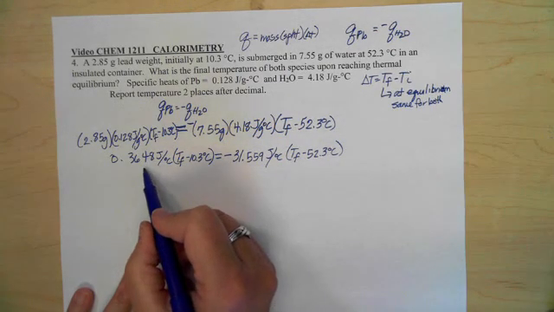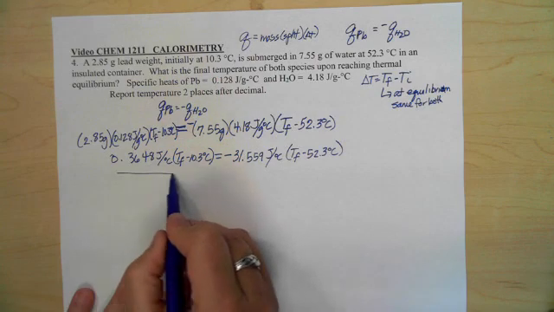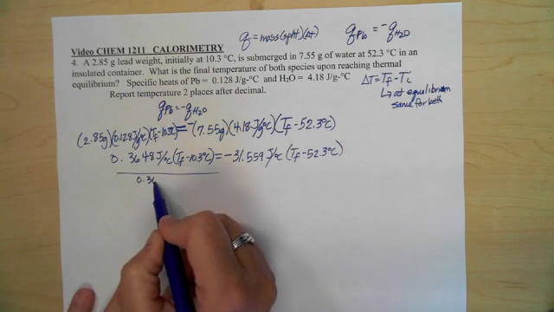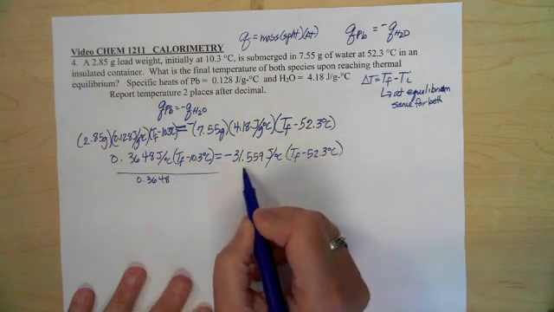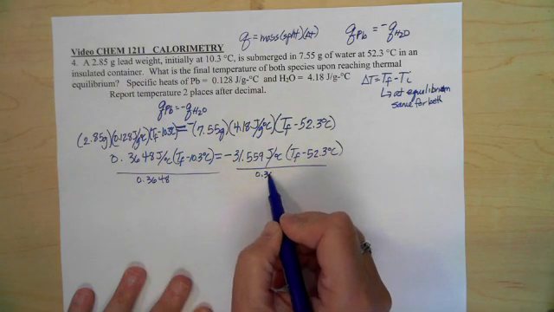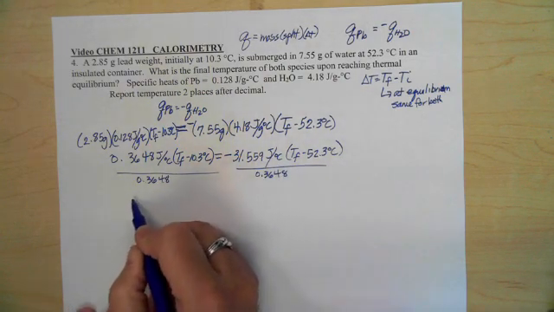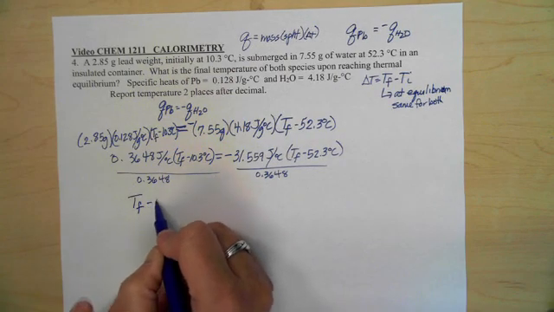So the easiest thing is I'm going to divide both sides by 0.3648. So I end up with T sub F minus 10.